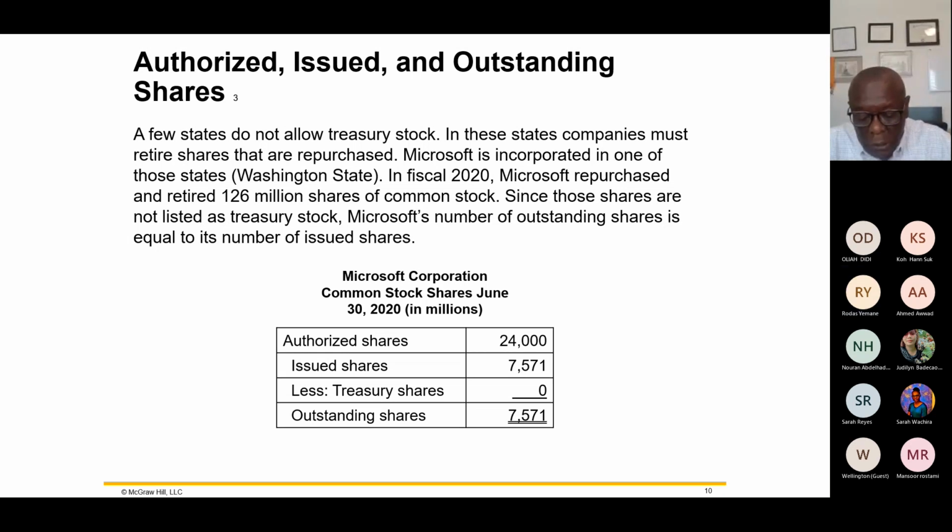Oh, that's very good. Maybe they want to stabilize the market for their share. If the share is sliding downward, they may want to repurchase. There may be so many other reasons, but the key issue in most cases will be that they want to stabilize the market.